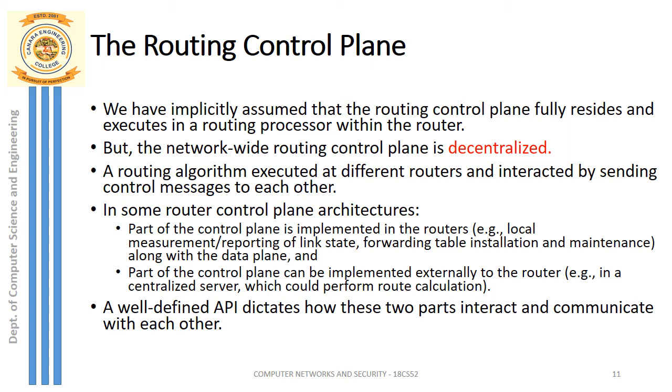Once we calculate the route in some other server, that information will be fed into the different routers based upon some APIs. So in order to exchange this information, we will be using well-defined APIs. So we can say that the routing control plane is not implemented 100% inside a router, so it is decentralized.